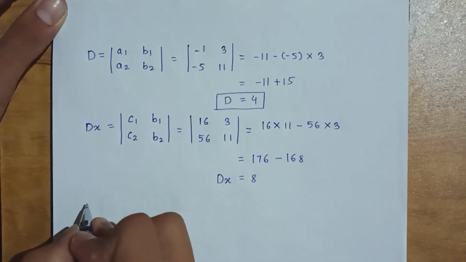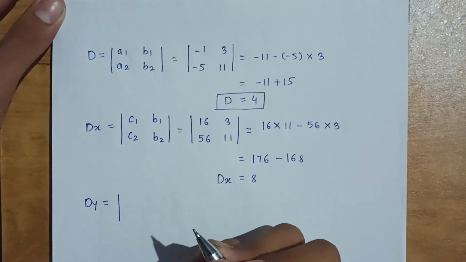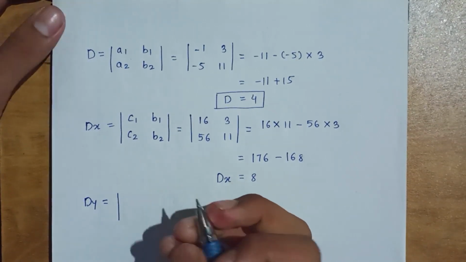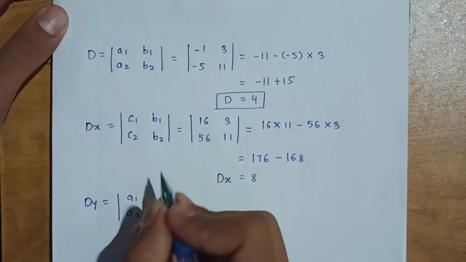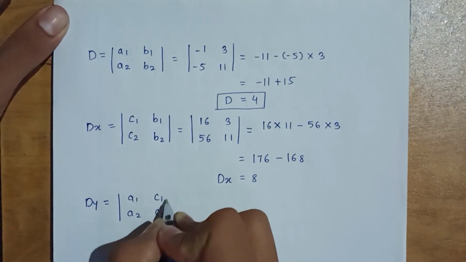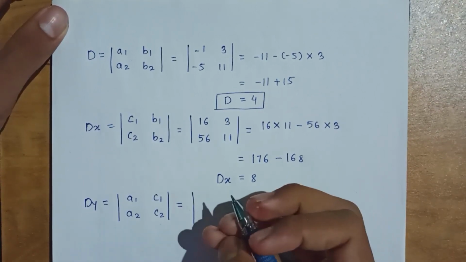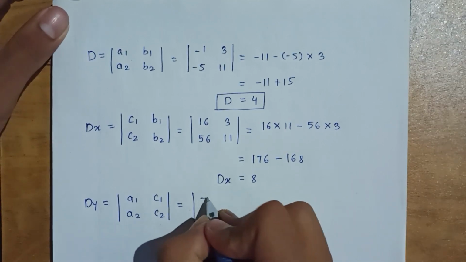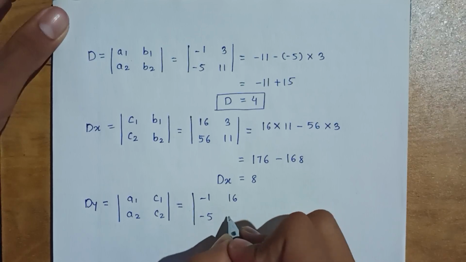Now we will solve the value for dy. To get the value for dy we have the formula. We will write a1 a2 as it is, and we will put c1 and c2 in the place of b1 and b2. This is the formula for dy. So we will just substitute the values. a1 and a2 are -1 and -5, and c1 and c2 are 16 and 56.